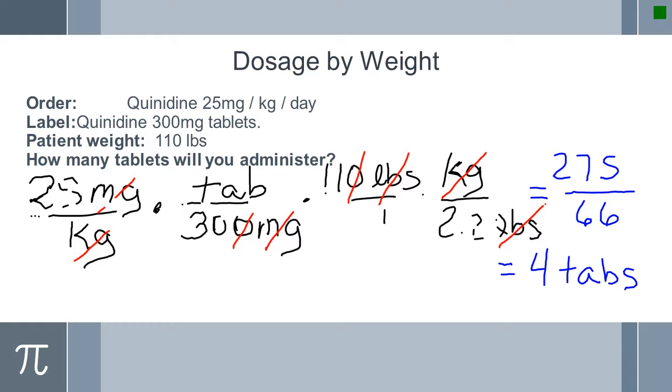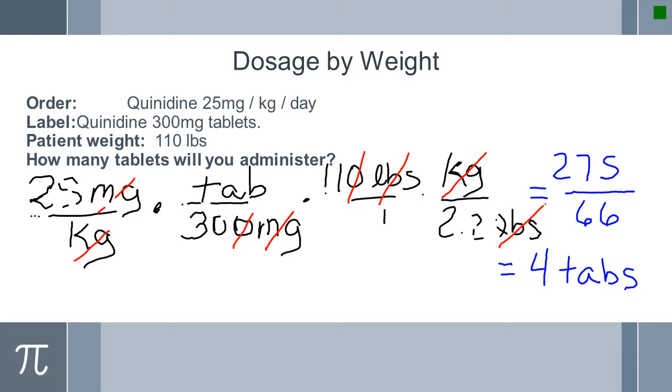And this is per day, but it doesn't break it down into how many doses. So our label says that we've got 300 milligram tablets. So I know that my 300 milligrams is going to have to go on the bottom. My tablets is going to go on the top.